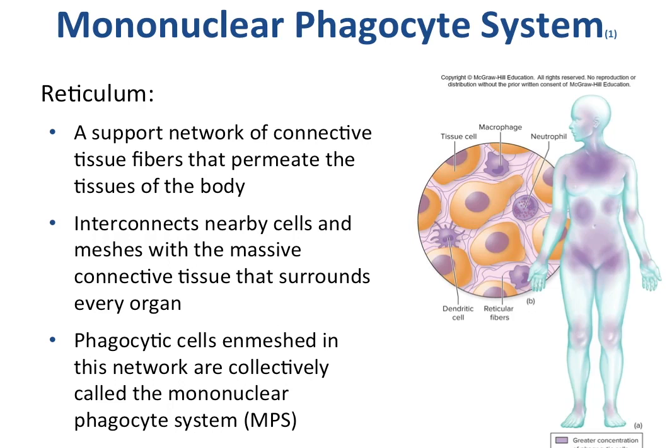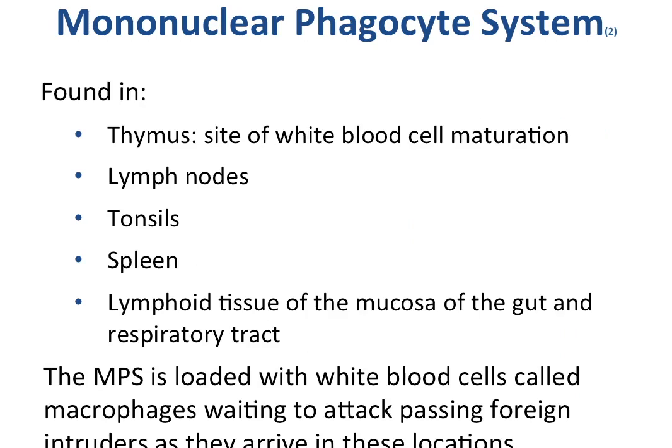So it's like a network to connect all the cells and organs. So the phagocytic cells in this network are called the mononuclear phagocyte system. Mononuclear phagocyte system is found in the thymus, lymph nodes, tonsil, spleen.